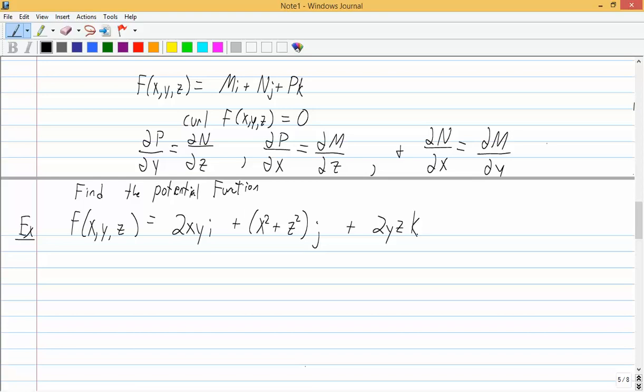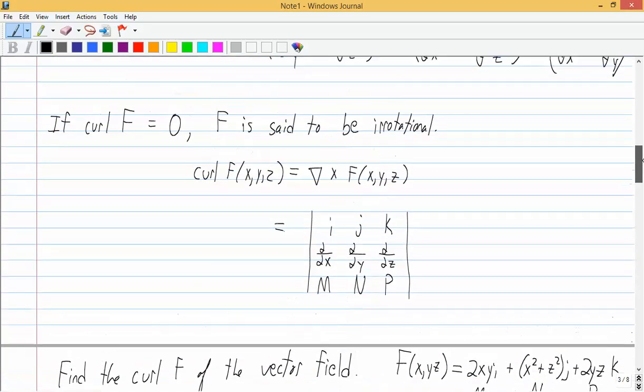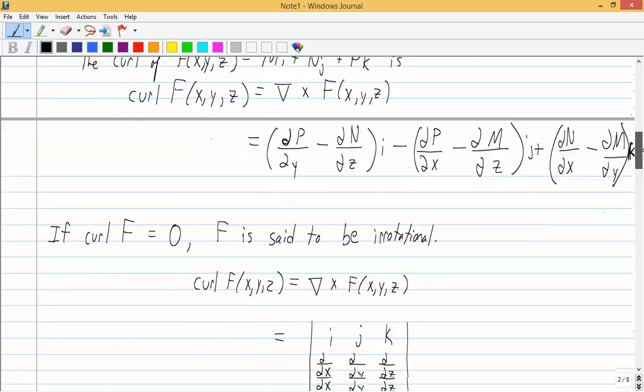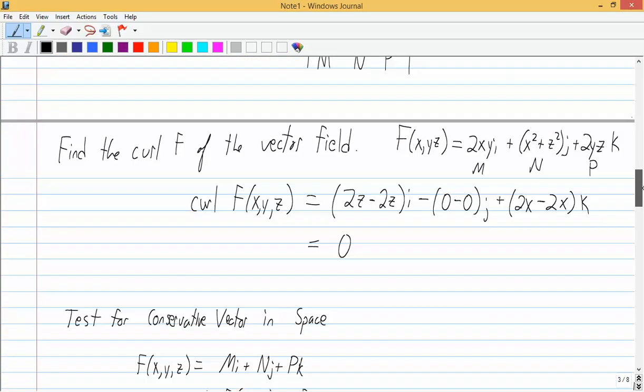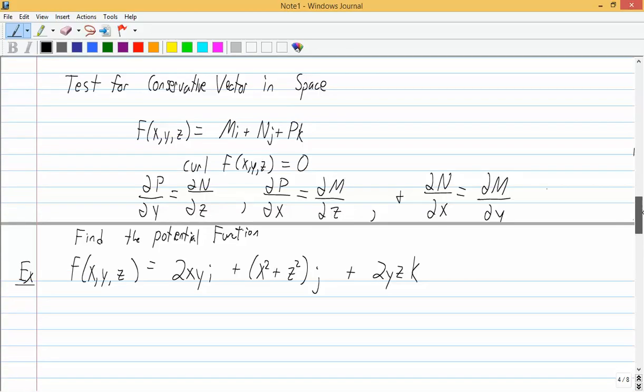Now we've already shown that this vector field was conservative. We found that earlier in the previous example. We found the curl of this function F right here, and it was equal to 0. So we do know that it's conservative.